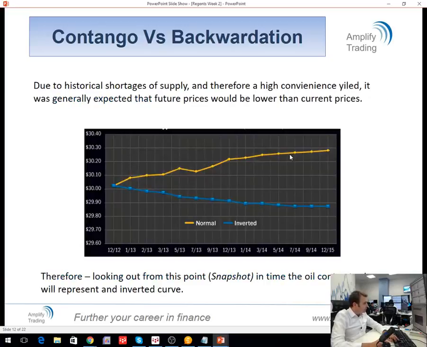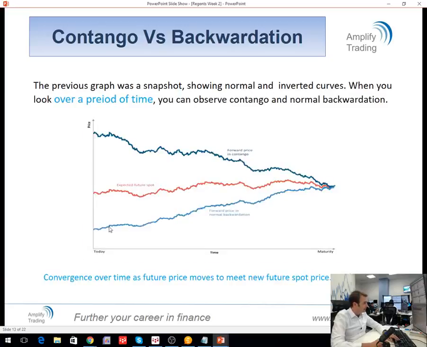So in a normal market, that futures contract moves down over time. The price moves down over time to the current cash price. And in an inverted market, we have something called backwardation, where the futures price over time moves higher towards the expected future spot price, if that makes sense.